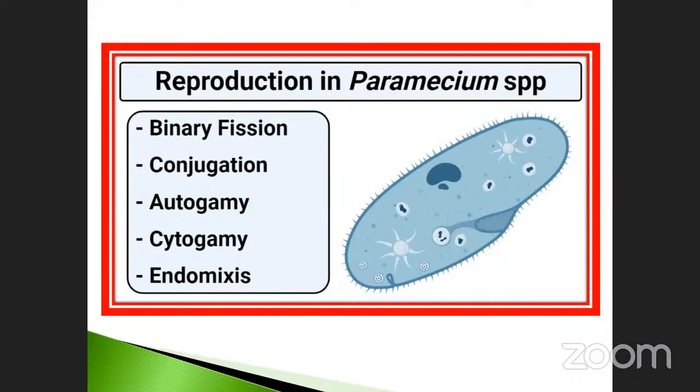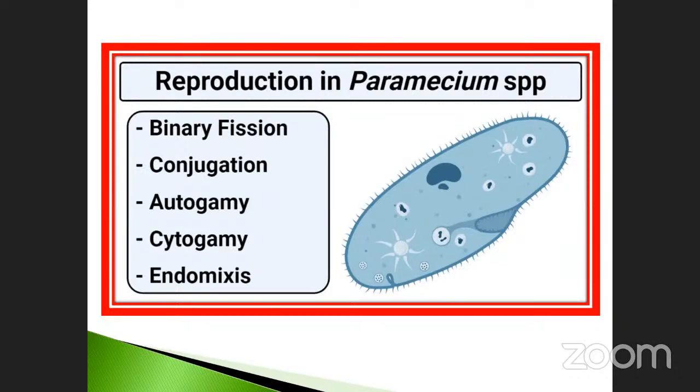In this way, the nucleic acids also transfer from one paramecium to another. Likewise, the cytoplasm also moves. Autogamy, cytogamy, and endomixis, these are all happening.